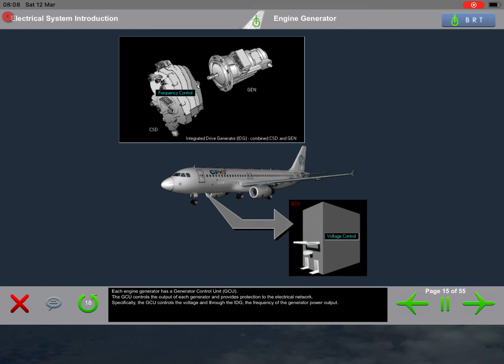Each engine generator has a generator control unit, GCU. The GCU controls the output of each generator and provides protection to the electrical network. Specifically, the GCU controls the voltage and, through the integrated drive generator, the frequency of the generator power output.